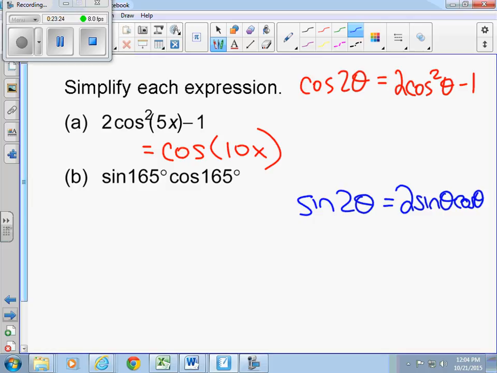What do I need to do to make it look like this one? You have to divide both sides by 2, because right now that format of the identity doesn't quite match what I have. So I'm going to divide both sides by 2 in the identity. So that also means that sine of 2 theta divided by 2 equals sine theta cosine theta.